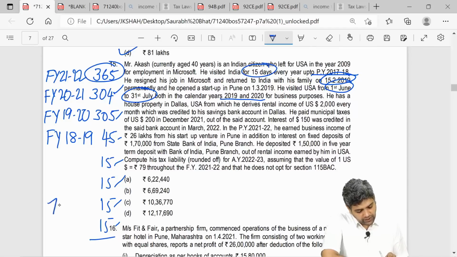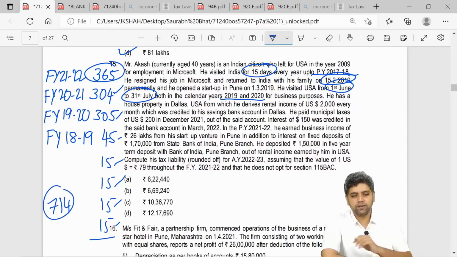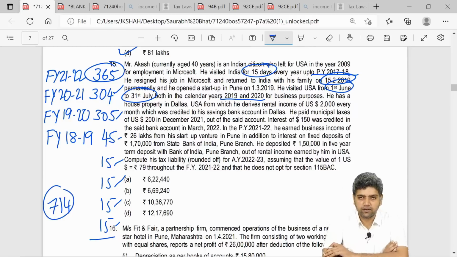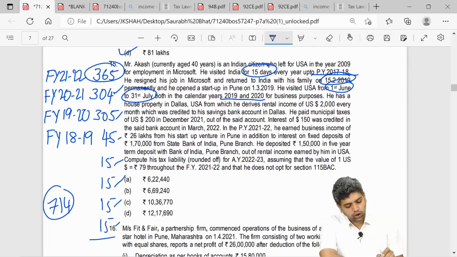So, 714 days was his stay in the last 7 years. As I told you, in order to become resident in India, his stay in the last 7 years should have been at least 730 days. He does not fulfill that condition.